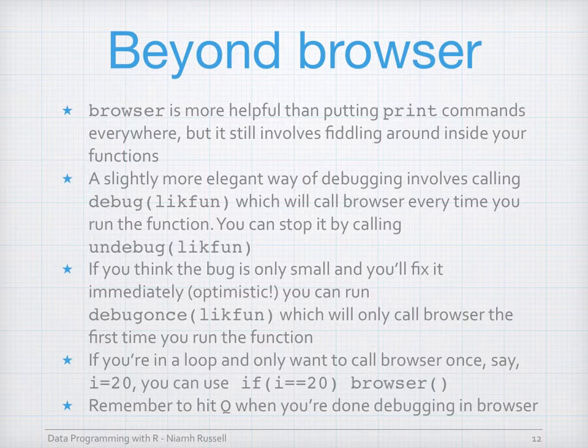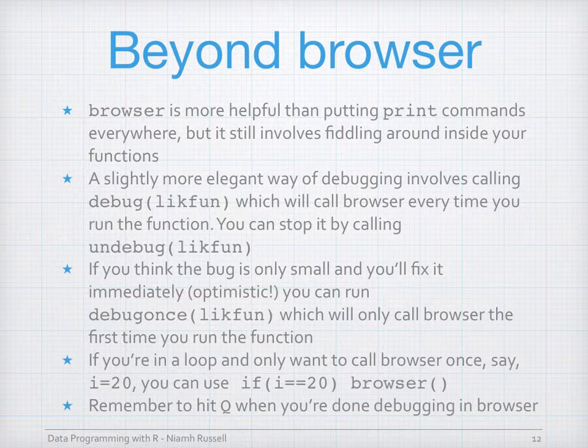A slightly more elegant way of using browser is to use the debug function. So debug takes an argument of a particular function, so we can use our like_fun function. And if we put debug of like_fun, that will call the browser every time we run the like_fun function.